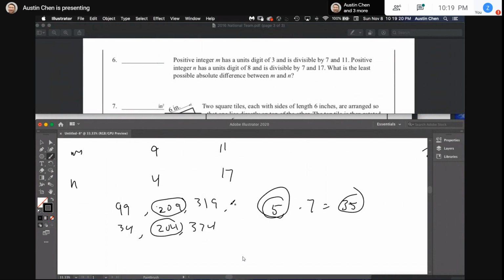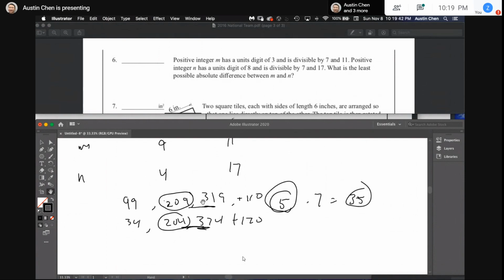So this sequence is going to be added by 110 every time, and this sequence is going to be added by 170 every time, right? So basically, we want the digits after the unit digits to be the same, right?